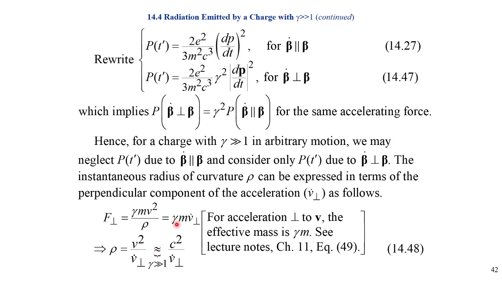We can estimate v dot from these relations. Actually, you cancel gamma m. We found rho is related to v squared divided by v dot perpendicular component. That's for gamma greater than 1. Since the velocity is very high here, v is approximately c, so rho equals c squared divided by v dot perpendicular.